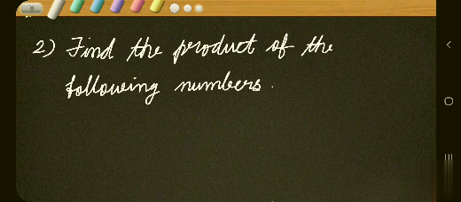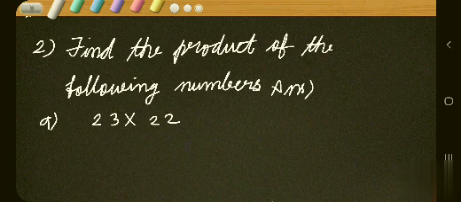Let's start with 23 into 22. First question is 23 into 22. Here I have no space down, so let me do the answer alongside. You have to do it down. How to start this product?